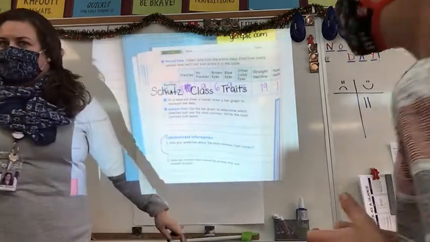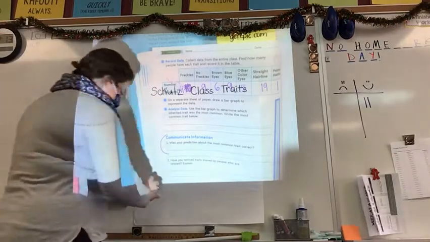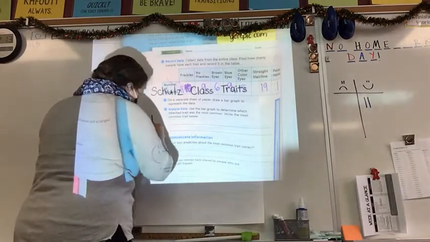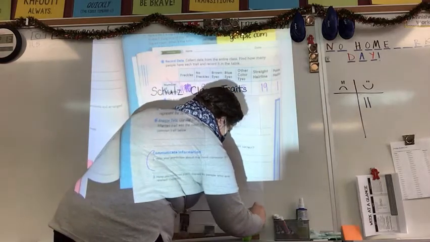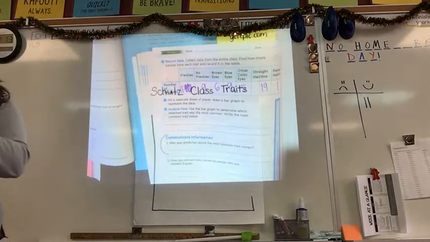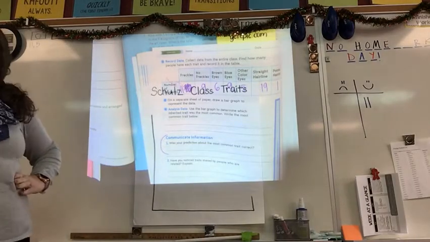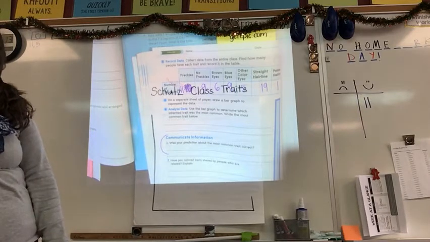And because my paper is vertical, I'm going to go ahead and make this a vertical bar graph, okay? If we want our bars to go vertical, which side are my numbers going to go on?